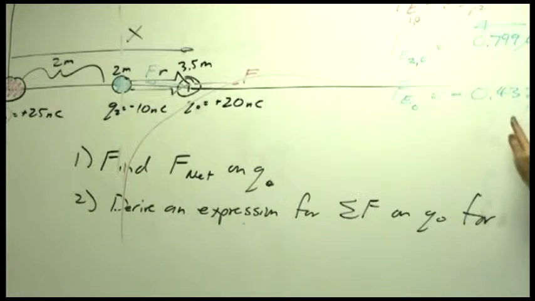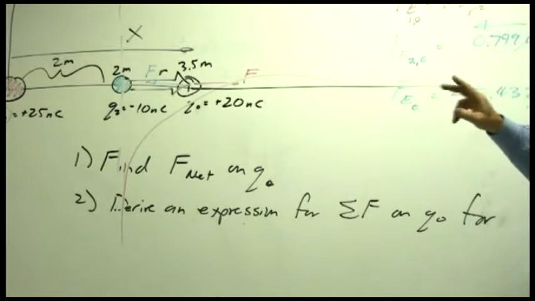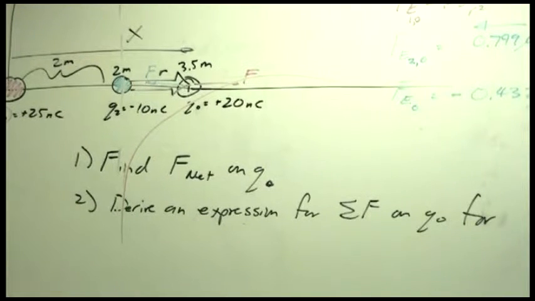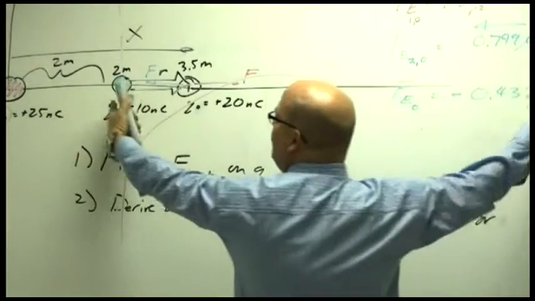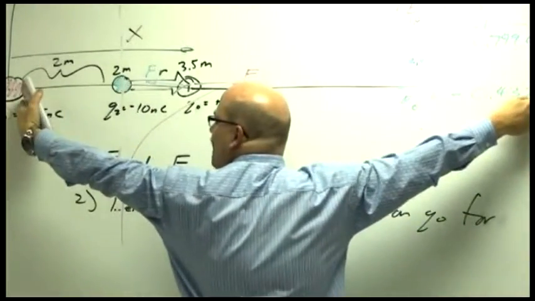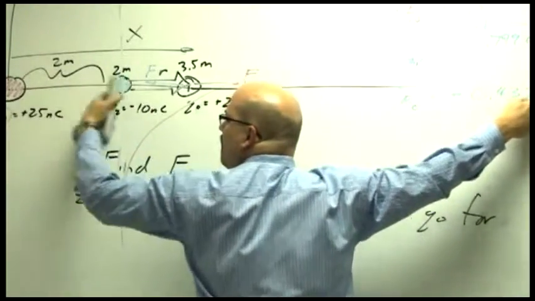But let's say that you're not really that far away. You still feel their influence. Which one's influence would you feel the most? The closer one, because of 1 over r squared. But when you're pretty far away, does the difference in radius distance here and here make a lot of difference anymore? Not really.